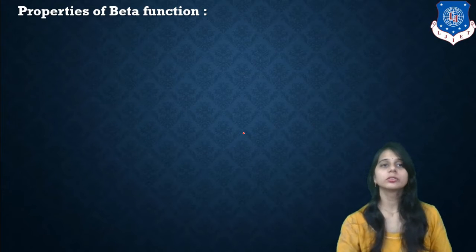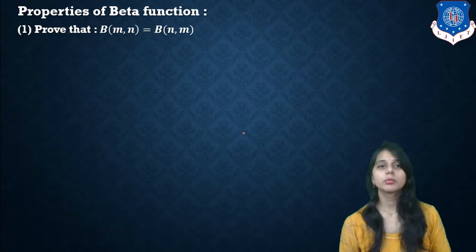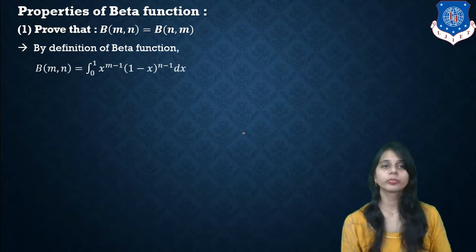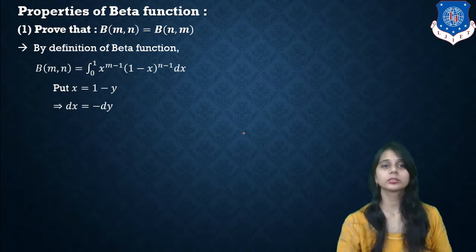Property of beta function. Prove that beta(m, n) equals beta(n, m). By the definition of beta function, B(m, n) equals the integration from 0 to 1 of x raised to m minus 1 times (1 minus x) raised to n minus 1 dx. We take x equal to 1 minus y, so dx equals minus dy.